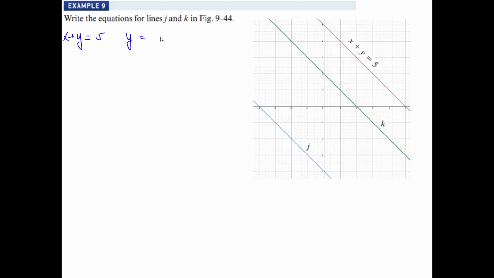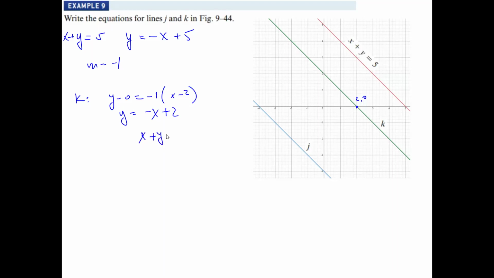I put that in slope form. Now from here, m is minus 1. Now I would take any number, for example, this one, (2, 0). So for k, what I have, y minus 0 equals minus 1 (x minus 2). So y equals minus x plus 2. That's equation for line k. If you want general form, that's what it is.